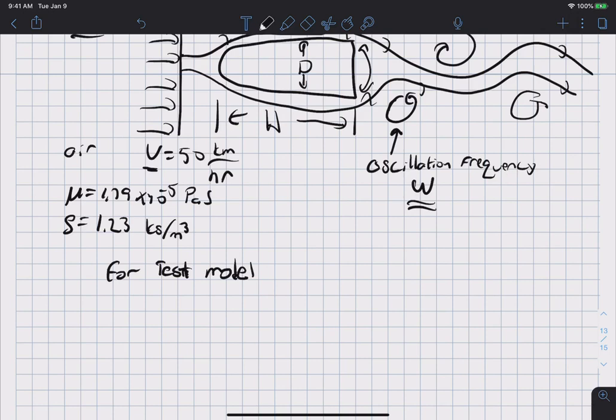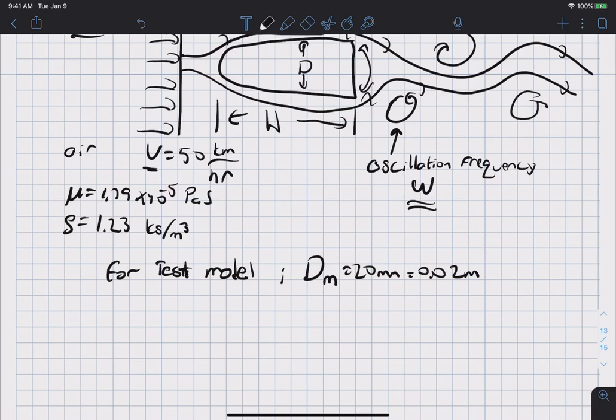But you could think of a bridge strut would be rather large to put in a wind tunnel, so you need to shrink it down a little bit. And so for the model, we're going to choose the height D for the model, I'll call that dm, to be 20 millimeters, which equals 0.02 meters.